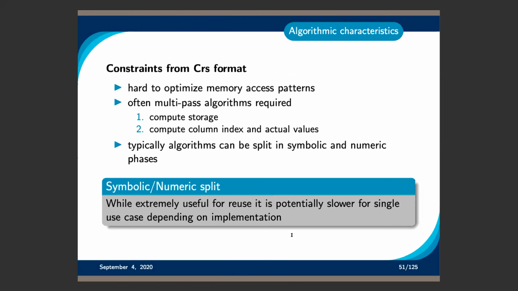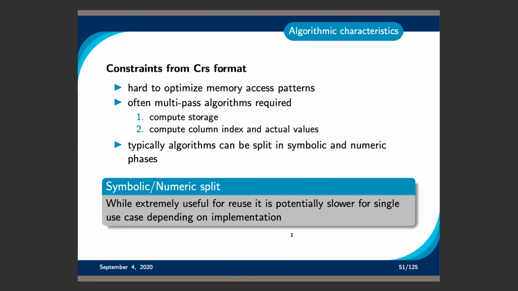So some constraints that come with the CRS format is that it's sometimes hard to optimize memory access patterns due to the sparse nature of the problem. You're going to have to fetch entries in matrices or vectors that are not necessarily contiguous in memory, and that's just not the best way to access it, but it's a requirement for this type of format.